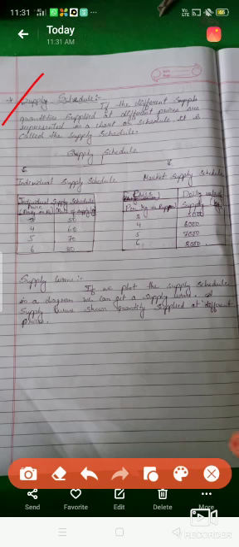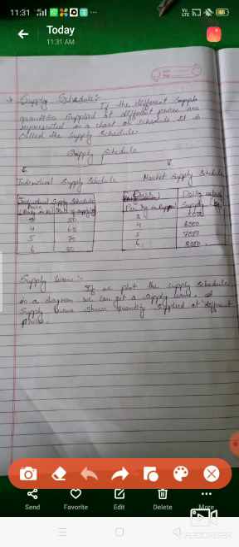If the different quantities supplied at different prices are represented in a chart or schedule, then it is known as supply schedule.